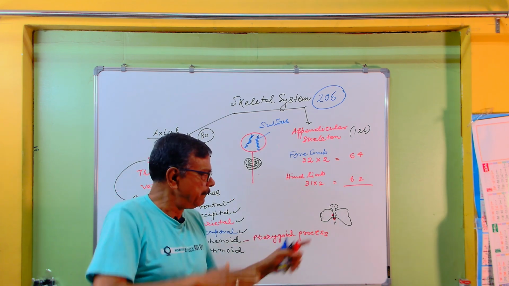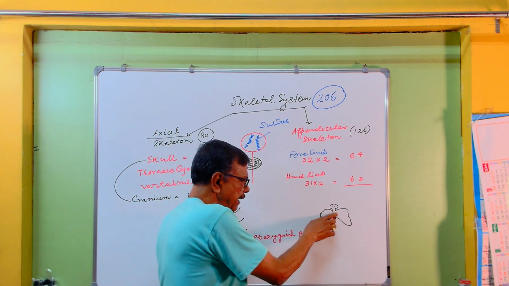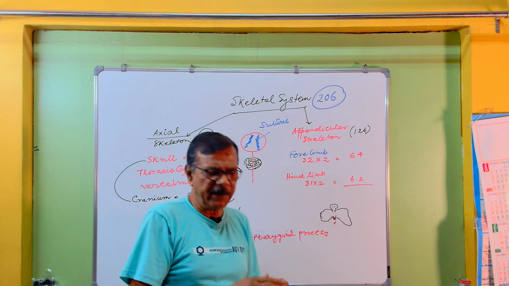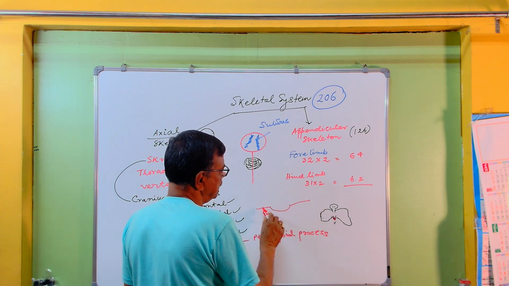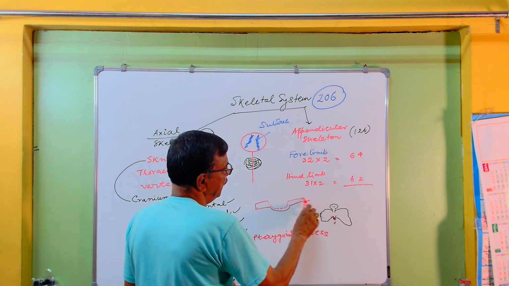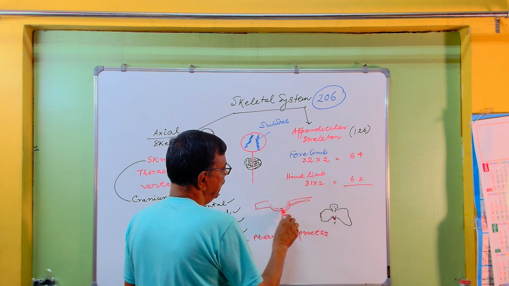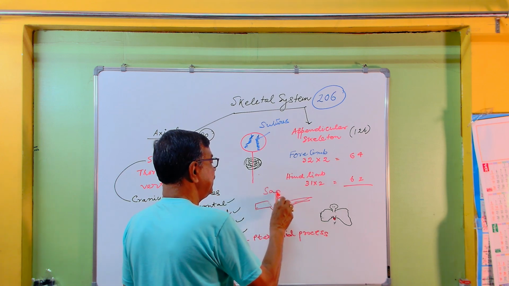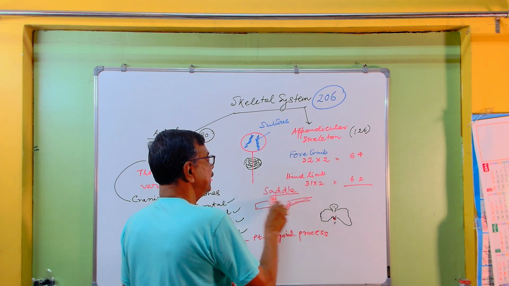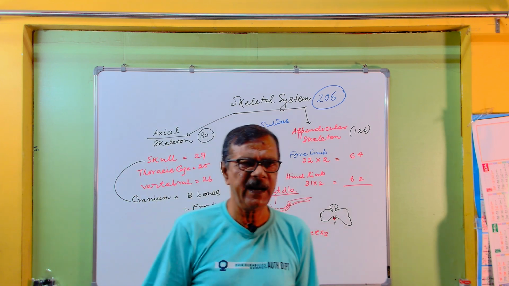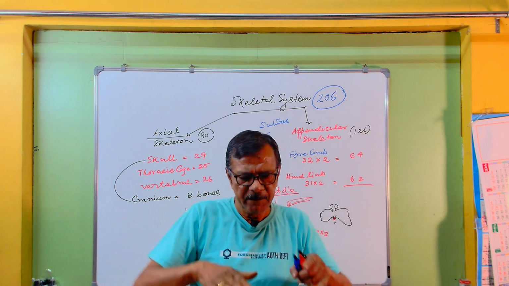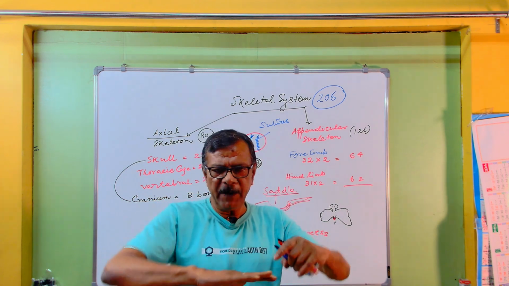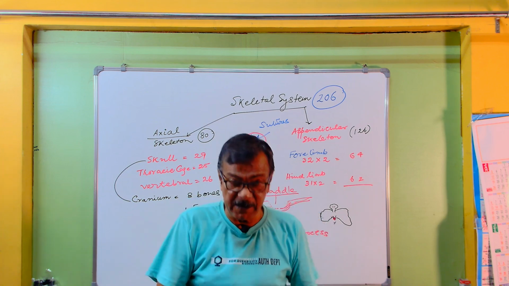And above, here in the upper side, there is a saddle type area, a deep notch. If you look like this, there is a deep notch. It is known as a saddle. There is a saddle shaped structure. What is a saddle? In horse riding, there is a place where the jockey used to sit.